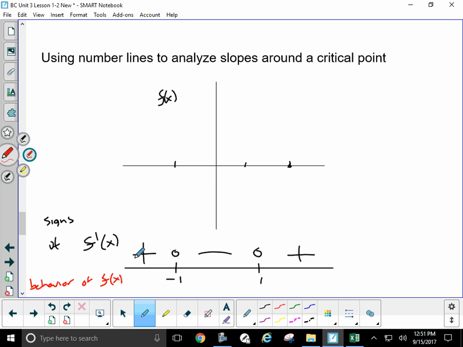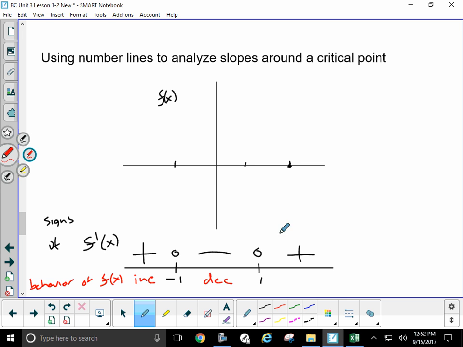If I know f prime is positive, what is that telling me about the behavior of f? It's increasing. That's the word I'm looking for. If I know f prime values are negative, I know f is decreasing between -1 and 1.